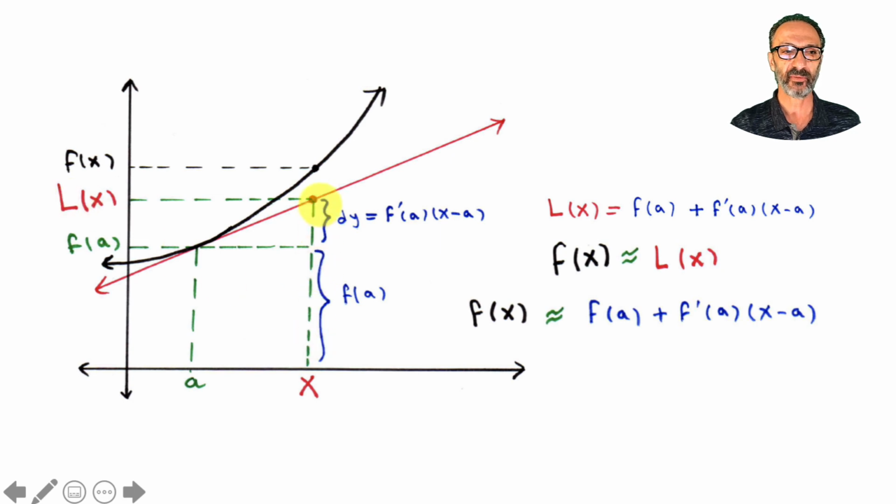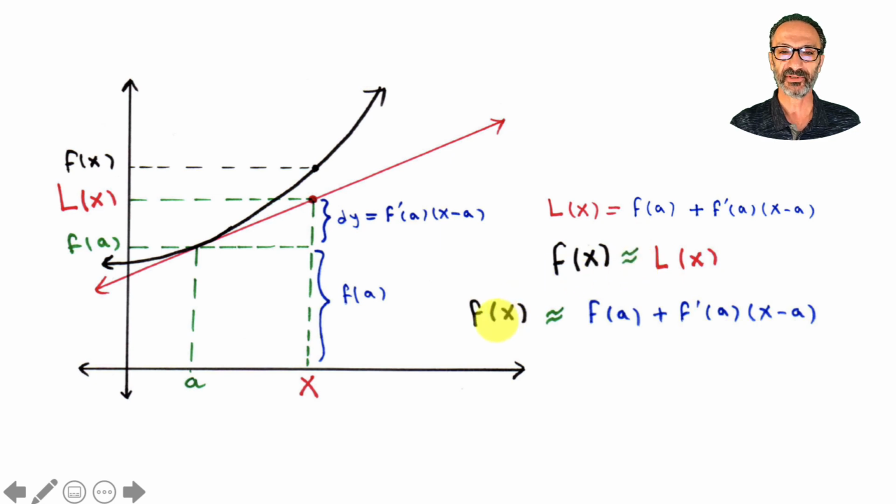To me, on the graph, it's two pieces. This piece and this little piece. That is f of a, and that is f prime of a times x minus a. That says it all. That says that if you want to approximate f of x and replace that with L of x, you are using approximation.